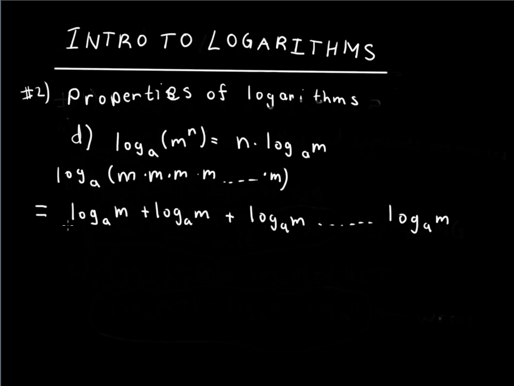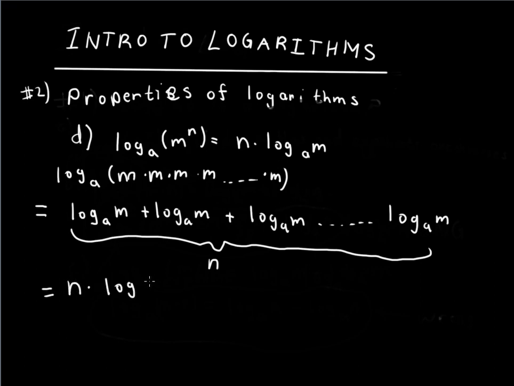So there are n of these, and they're all the same term, so when you add them, it should just be n times log base a of m. That's how we prove the exponent formula using the multiplication rule.